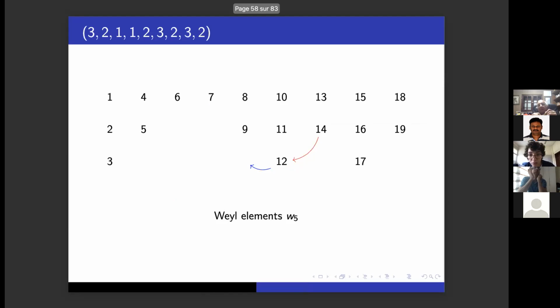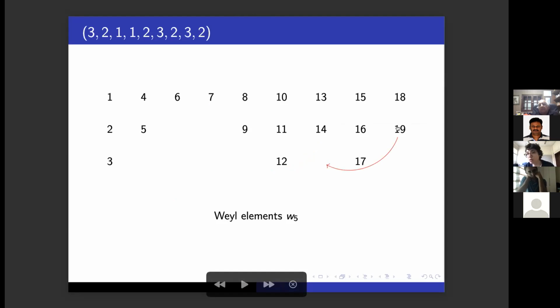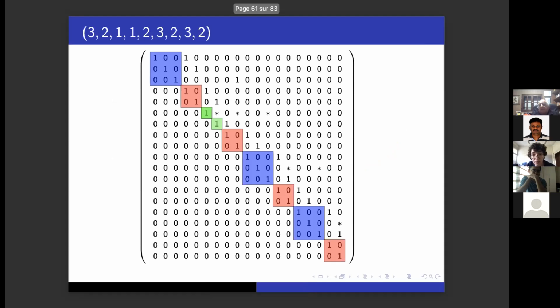But what we can do is push box 12 under 9, so we will have 9 and 14. Same for the other pair. I have box 19, with 17 as an obstacle to reach 14. So we just push 17 under 14, and 19 will be under 16. And it will give us a Weyl element, W6.